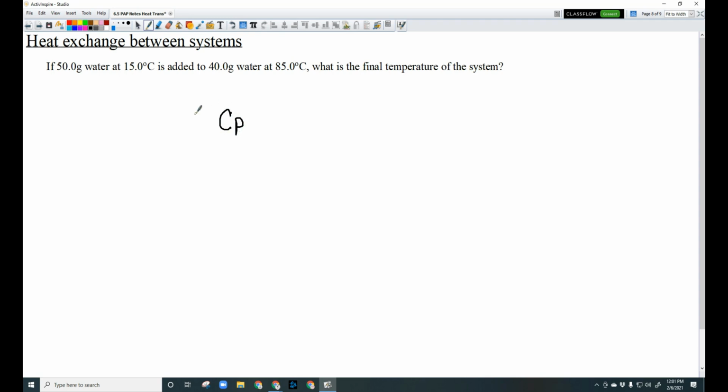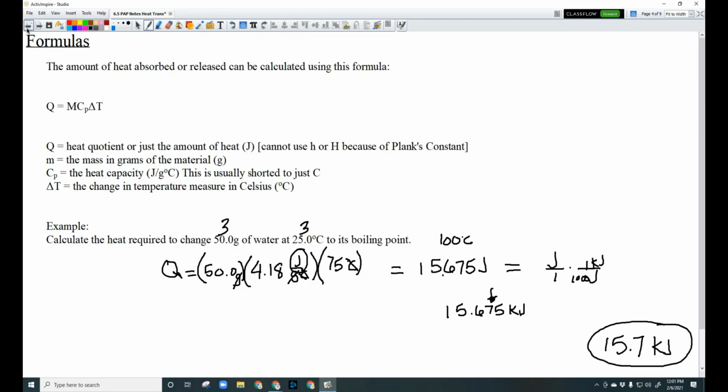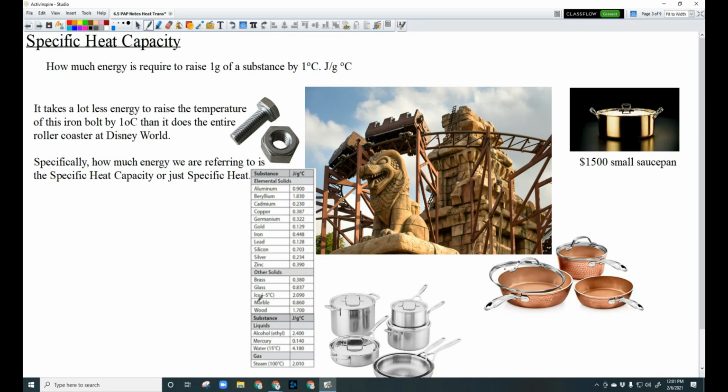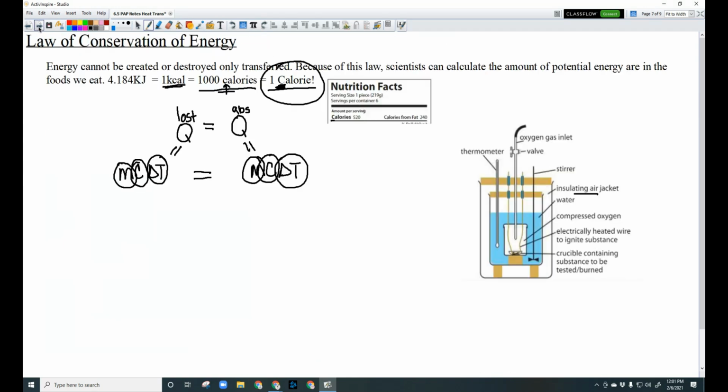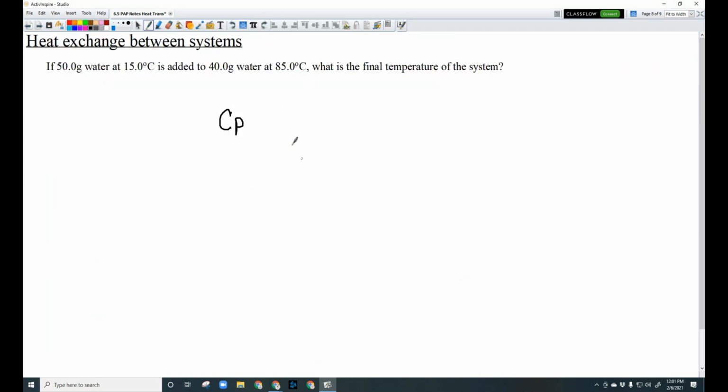And then we can compare this to known charts like we saw back here, and we can actually identify the type of metal or alloy that metal is if we don't know the type of metal. So this is used for a lot of different problems.